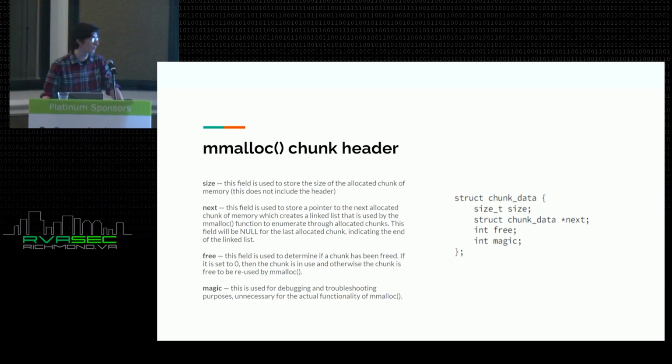And then we've got a free field. This really just determines whether or not the chunk is in use by the process or it's been freed and can be used later on in the process for another allocation. And finally, we've got a magic field. This is completely arbitrary. It really just helps us when we're looking in memory and debugging, to spot the different fields. It just makes it stand out.